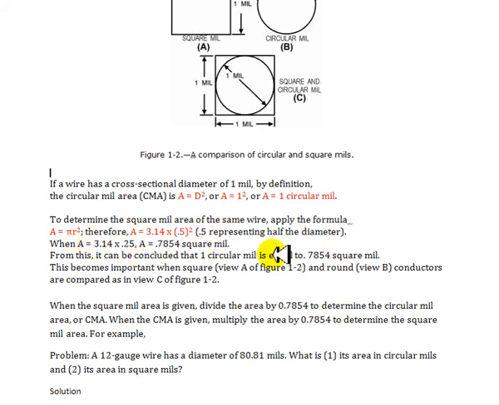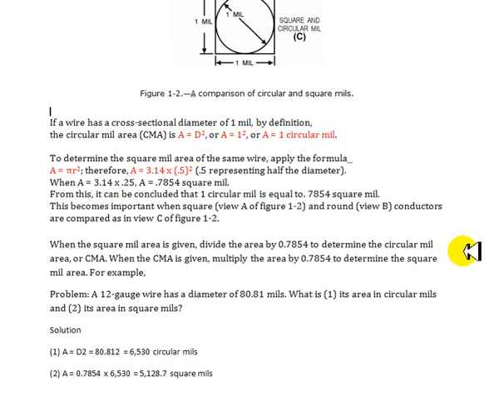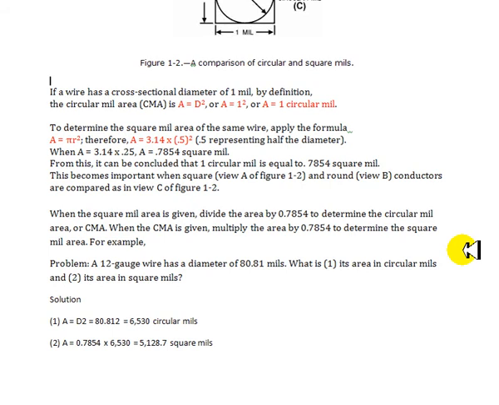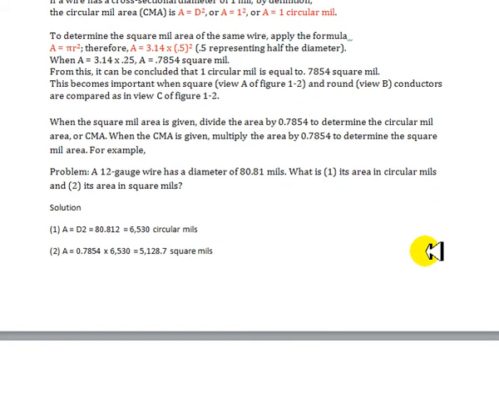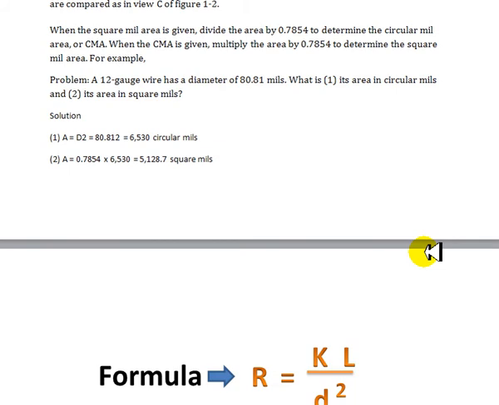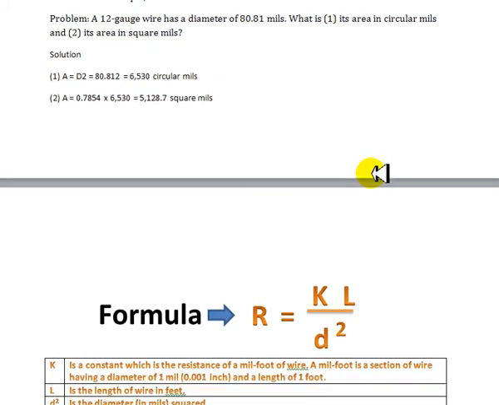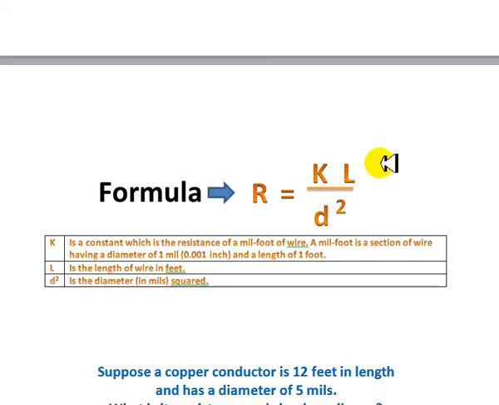I'll let you read all this example here since we don't have too much time on the video. I'm giving you an example, a problem, and a solution. Let's keep going. If you have to, stop the video, pause it, and read it and research it.